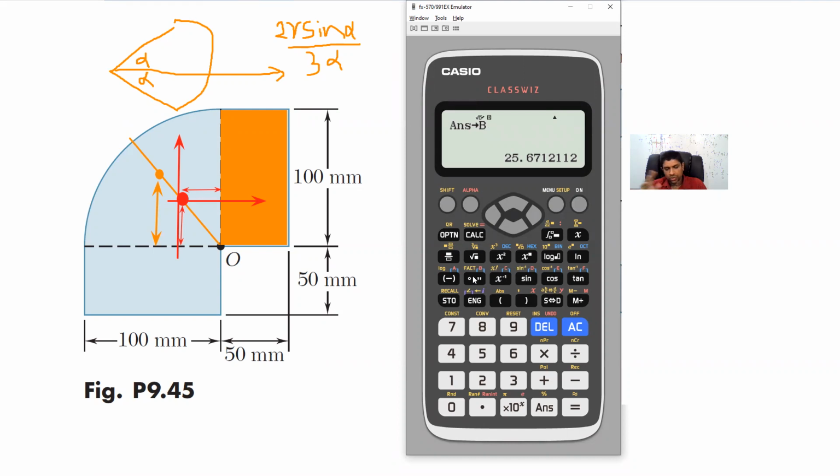I'm going to store it. Now we have to find I centroidal. So we have to use the parallel axis theorem in polar form. Then we have to use the direct distance from O to the centroid. The direct distance here to here is fixed.